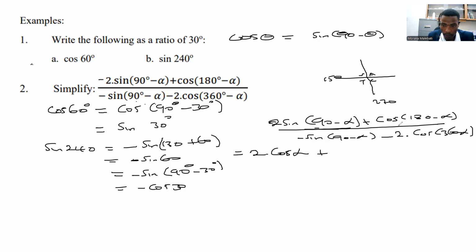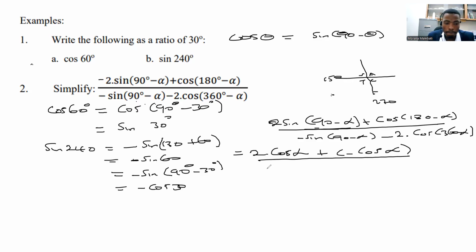Now we are working with this part: 180 minus alpha. What do we know about this part? We know that only tangent is positive in the third quadrant, so cosine is negative. So you will say minus cos alpha.